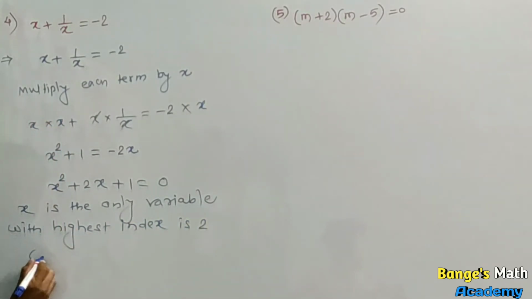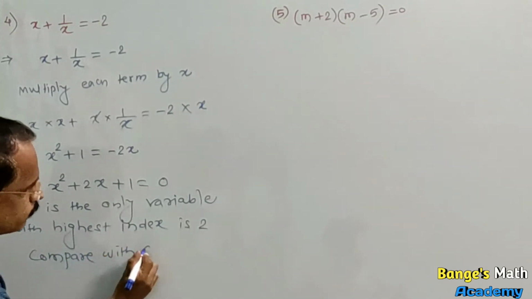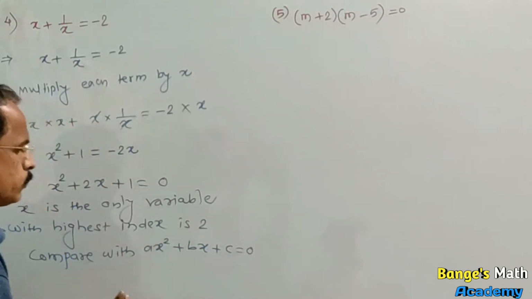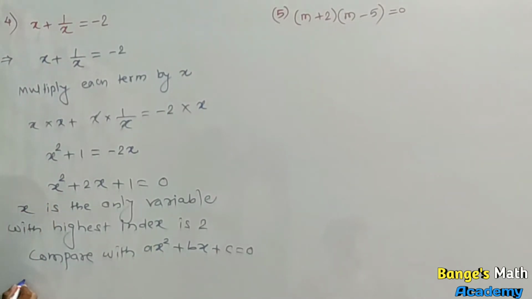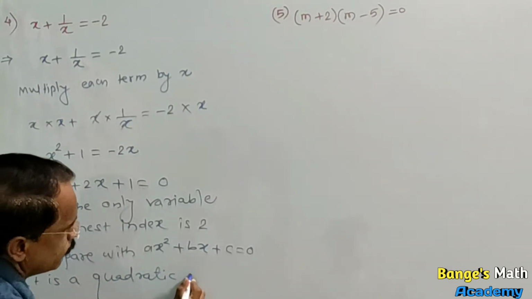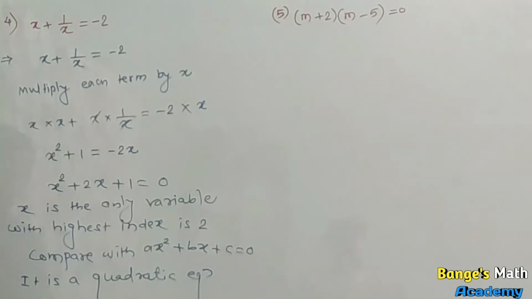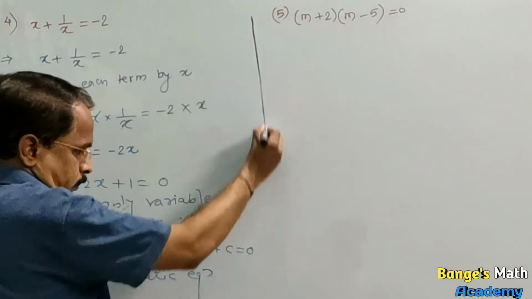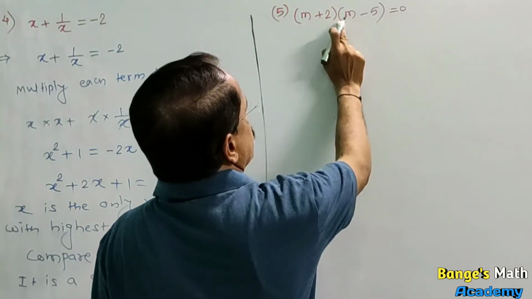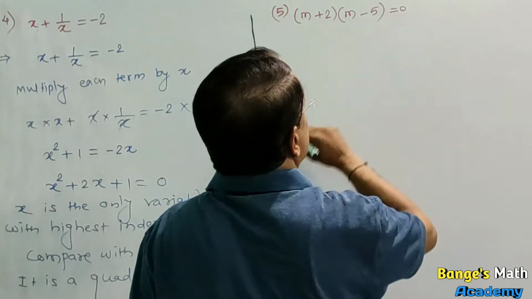If we compare this with ax square plus bx plus c is equal to 0, it is in the general form of the quadratic equation. So it is a quadratic equation.